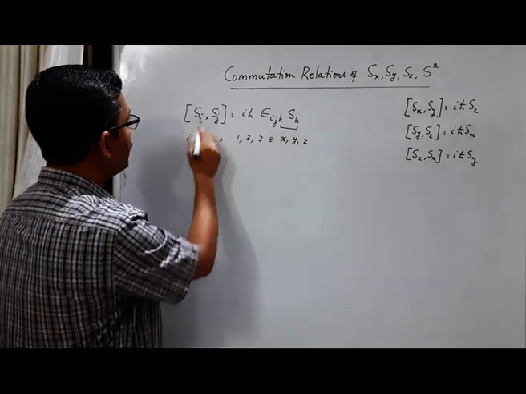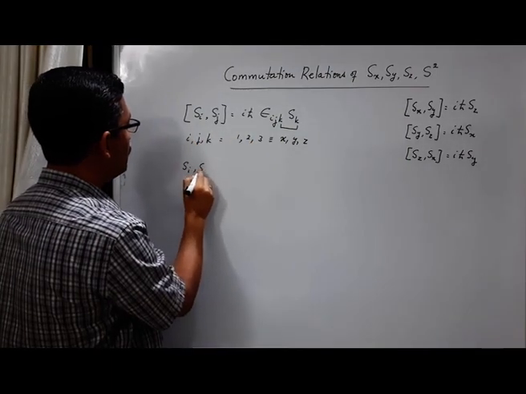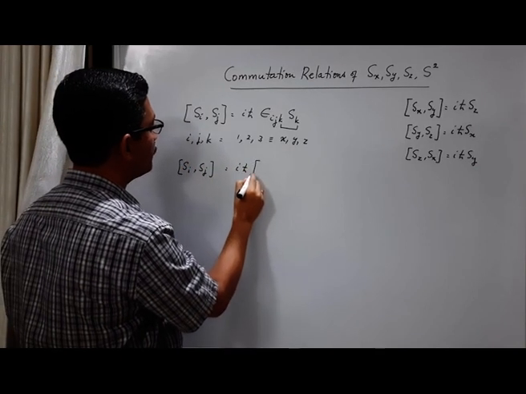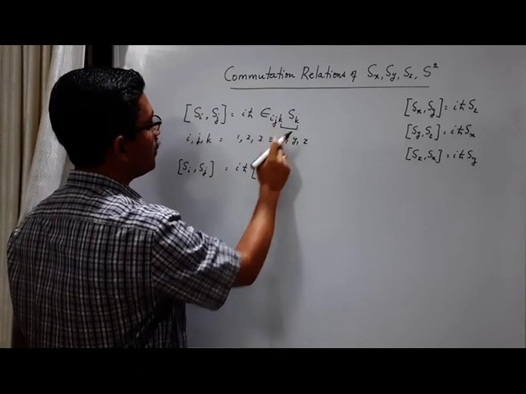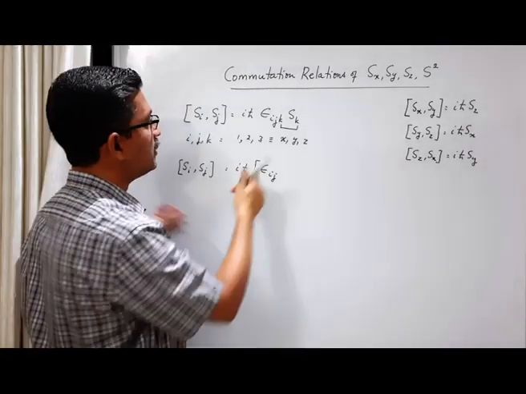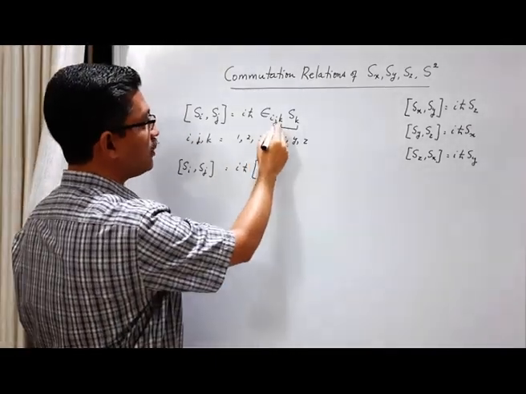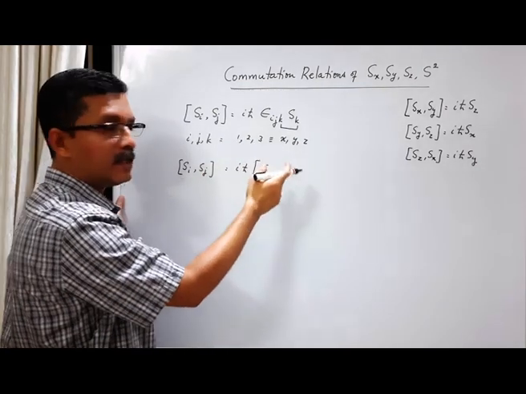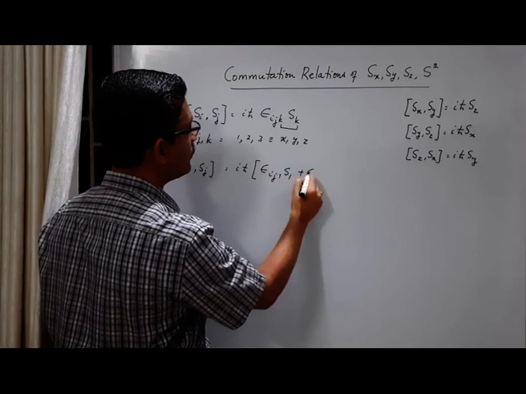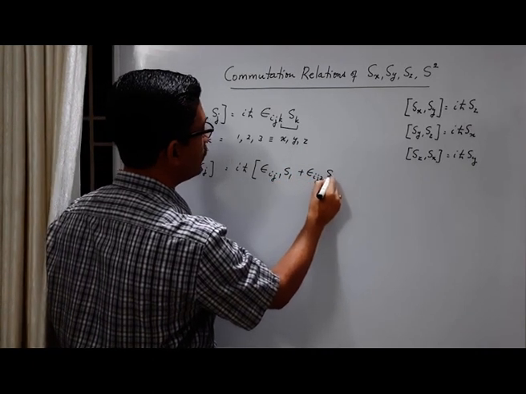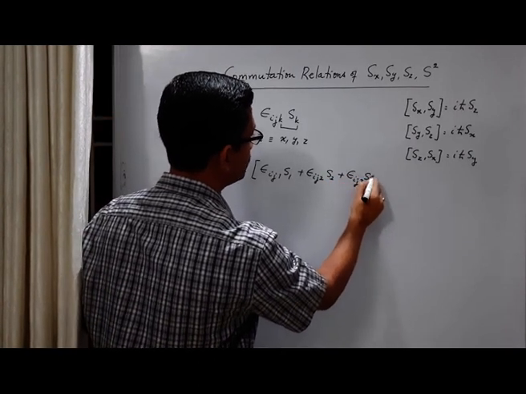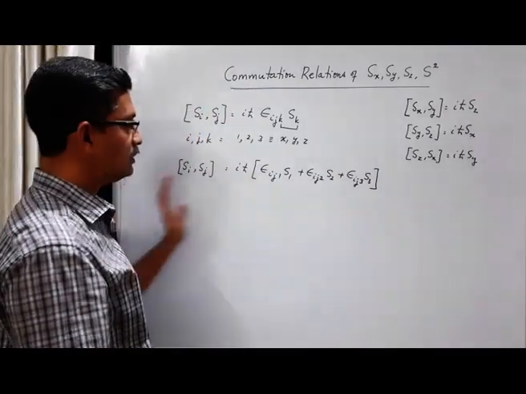So we can write [Si, Sj] equals iħ times the sum over k. The possible values of k are 1, 2 and 3. Then the first term is epsilon_ij1 S1 plus epsilon_ij2 S2 plus epsilon_ij3 S3. This is the expansion.